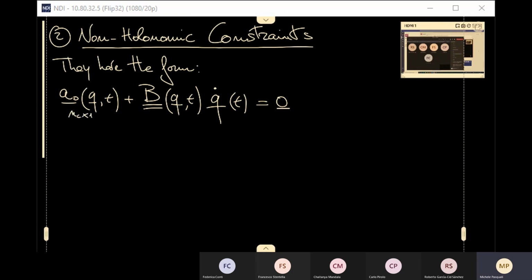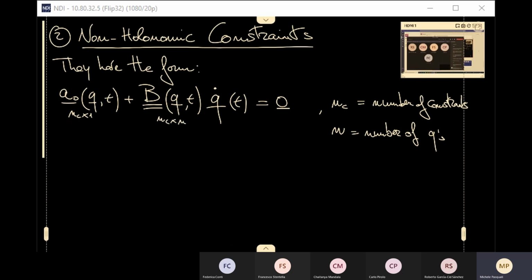This is a column vector, where nc is the number of constraints, while n is the number of the generalized parameters Q's. And so this is going to be an nc times n, and this is an n times 1.